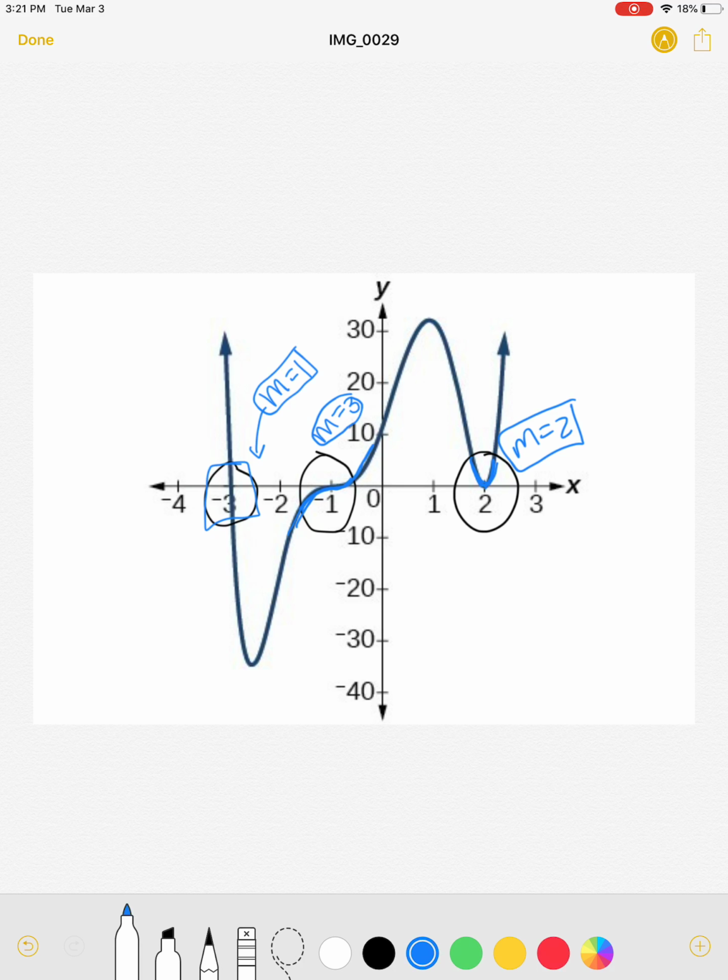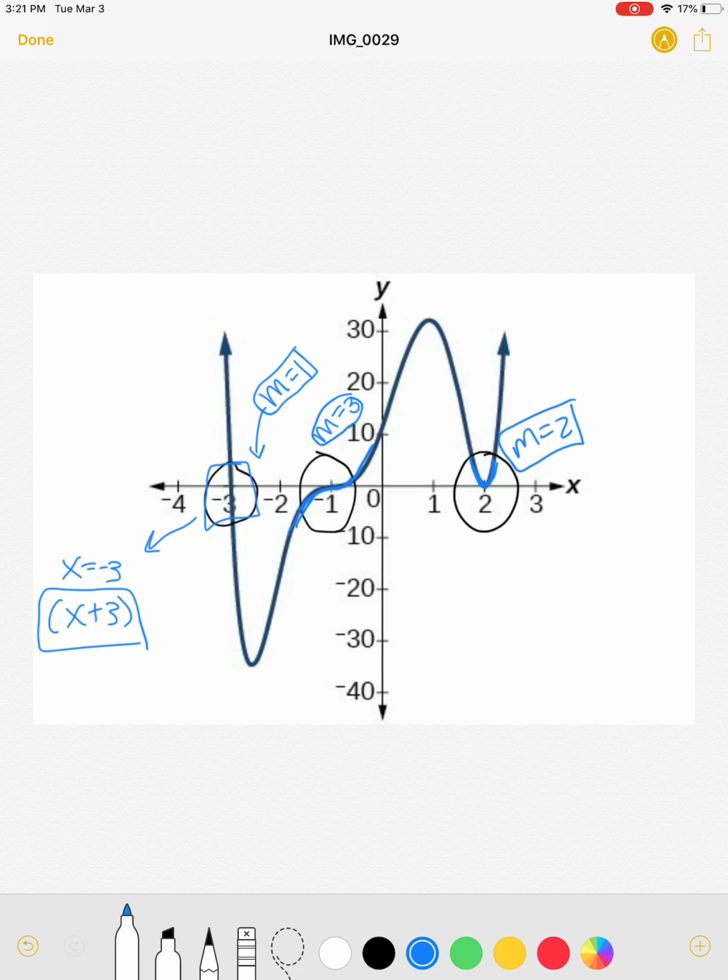What that means is that if I was to write a polynomial for this graph, using the zeros and their multiplicities, I could make a pretty educated guess on what this function is. Well, if this x-intercept is at x equals -3, that 0 comes from the factor x plus 3, right?